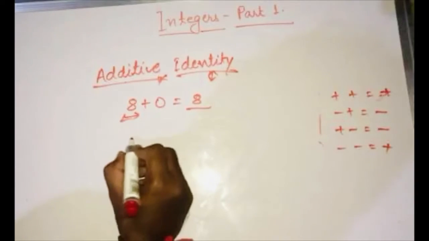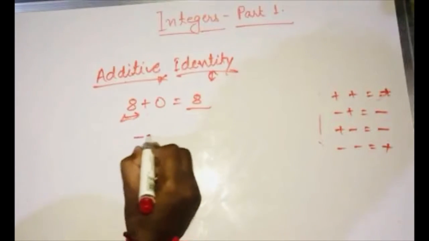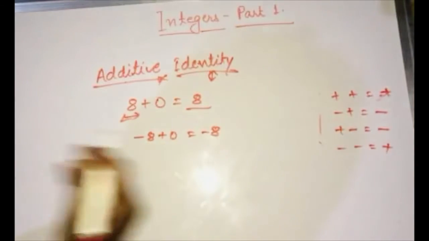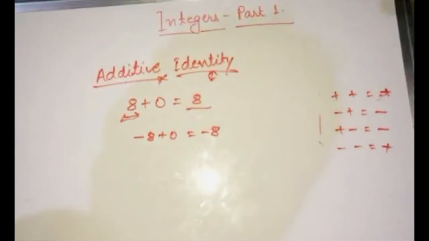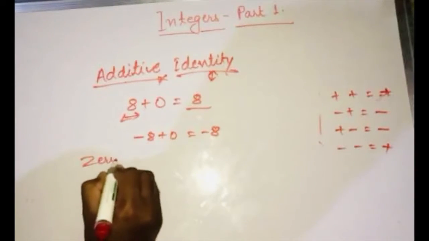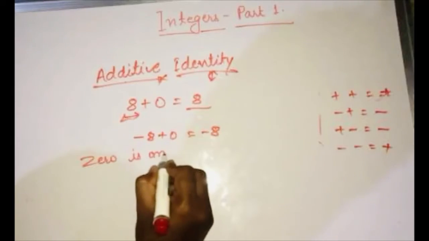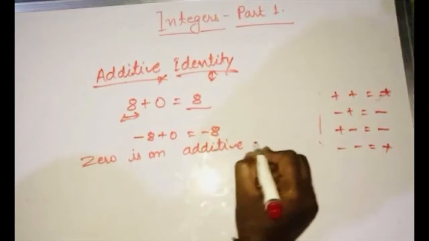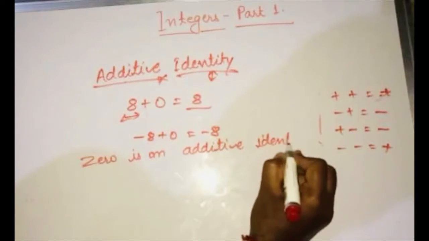The same thing applies for integers as well. When you add minus 8 plus 0, you will always get minus 8. So you can say that 0 is an additive identity.